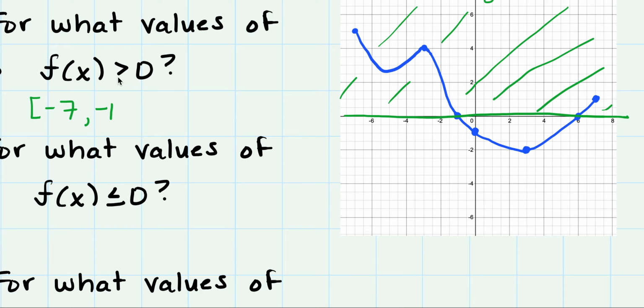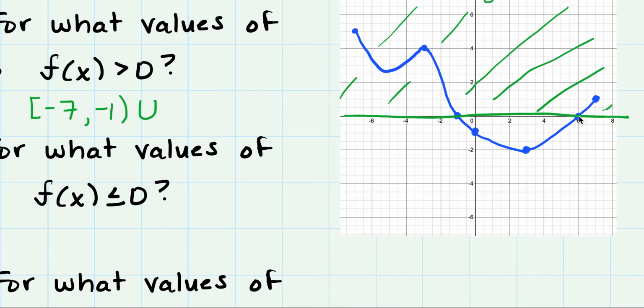This says greater than 0, and at negative 1 we're equal to 0, so we have to put a parenthesis here. Union, from negative 1 all the way to 6, we are less than or equal to 0.